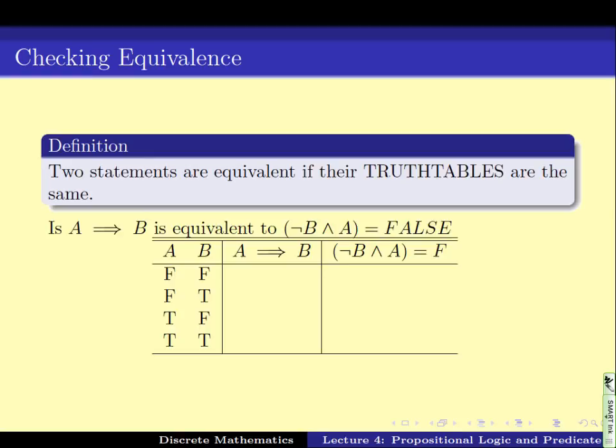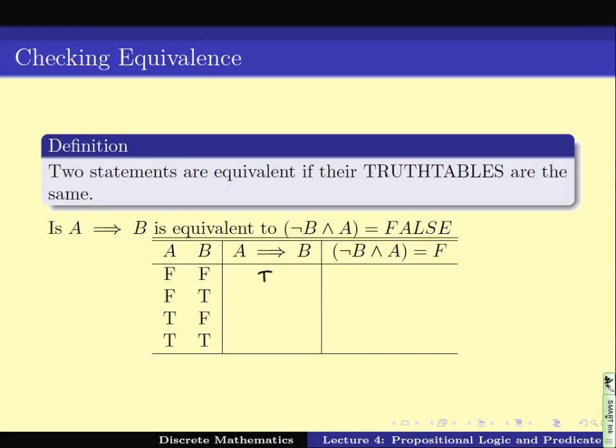If you remember the rules of implies, a false statement always implies a false statement, or a false statement implies a true statement. Both of them are true. So if A is false and B is false, false implies false, yes, it is true.